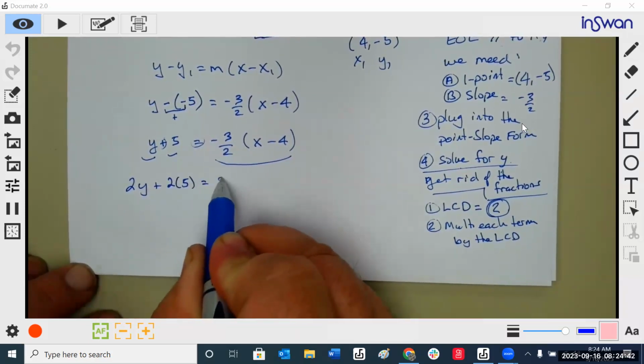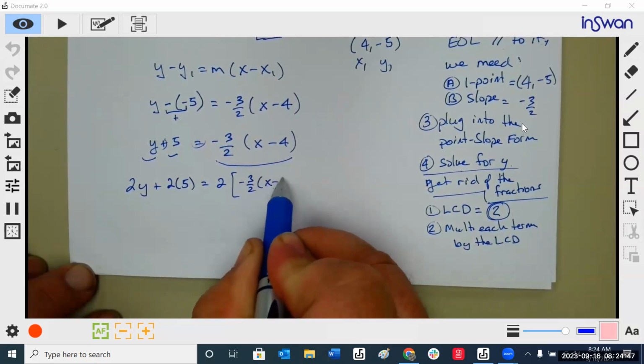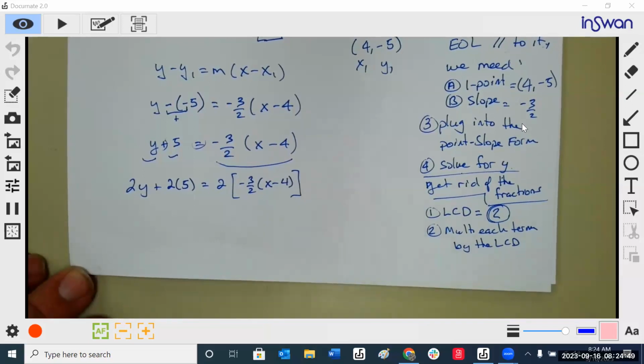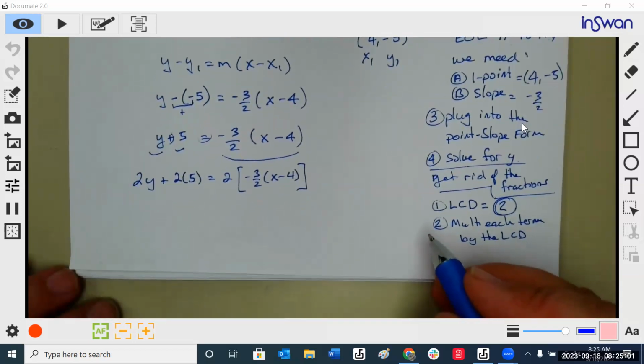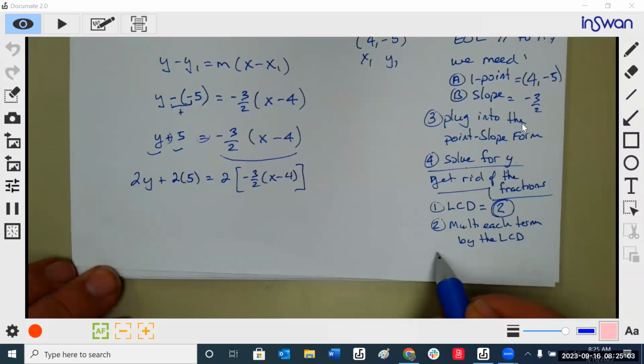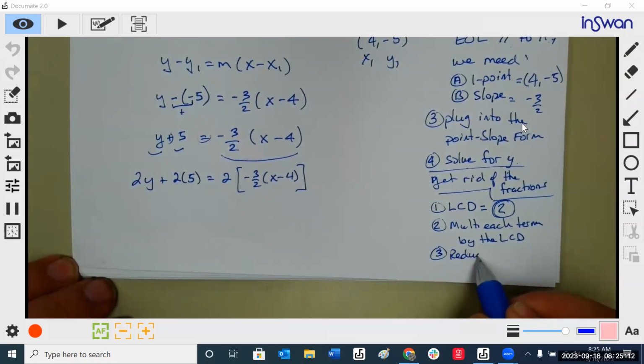I'm multiplying each term by the LCD. Now, why did I do that? It's because of the next step. Whenever you're multiplying fractions, before you multiply, always reduce. Before you multiply fractions, always reduce.